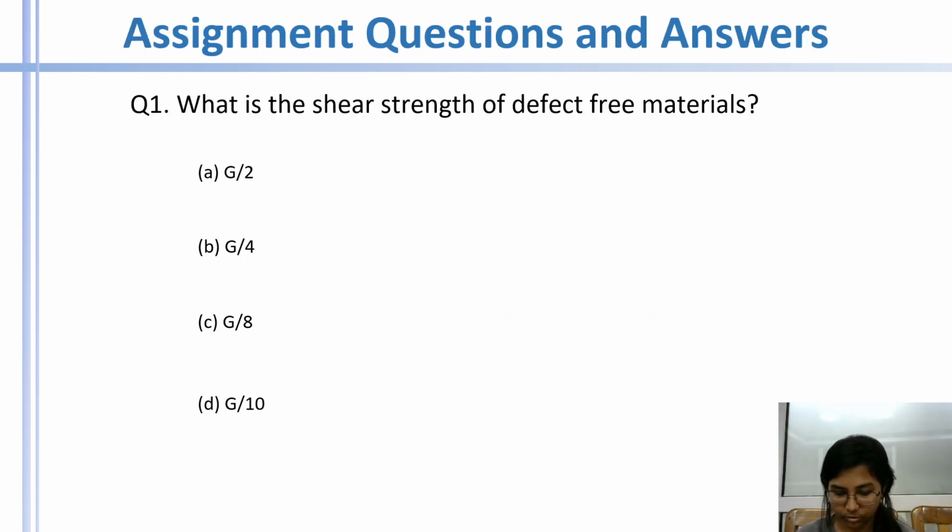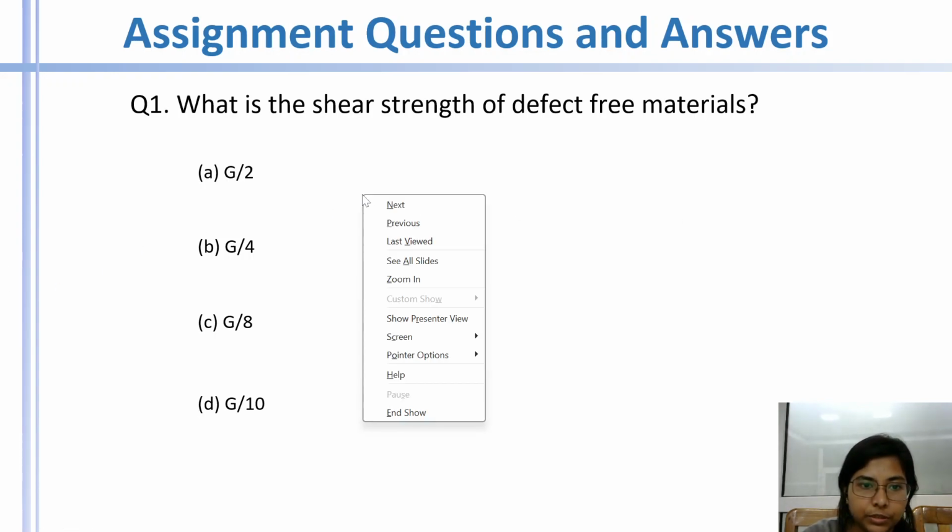So now we will move on to some assignment questions and answers. So what is the shear strength of defect-free material?